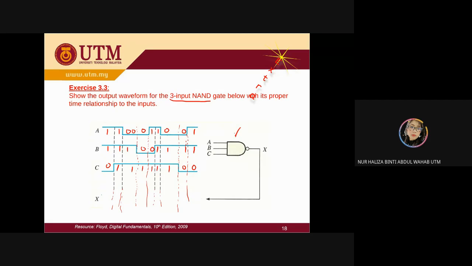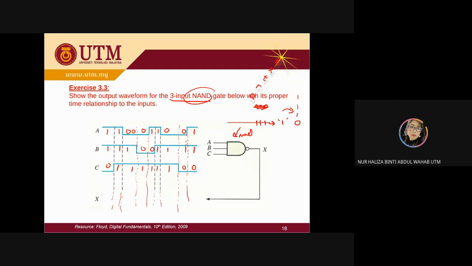You are using the NAND gate, so let me go through one by one. For the AND gate, I'm going to have 0, 0, 0. I'm going to get 1, 1, 1 for the all-ones part. If I convert it, I'm going to get 1, 1, 1 to be 0. The rest will be 1, isn't it? So that is the only thing that makes the difference between AND and NAND.